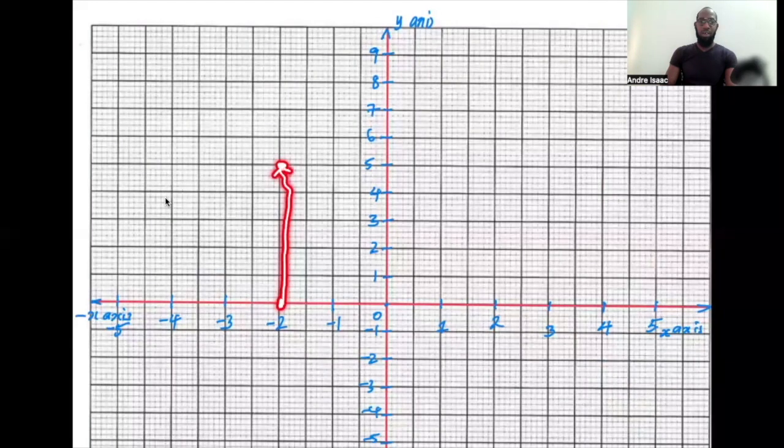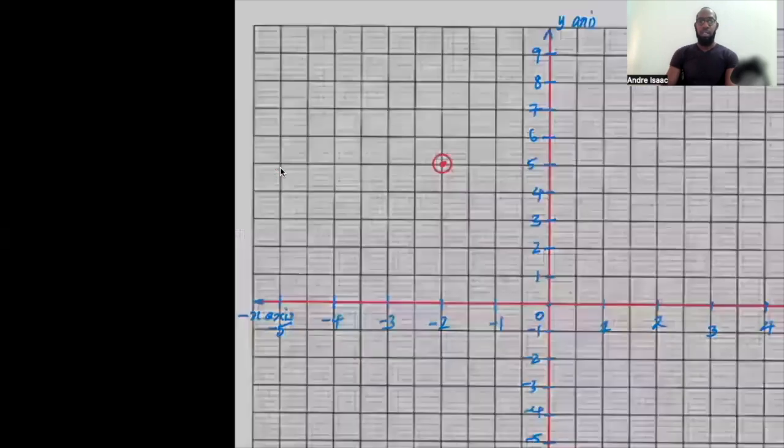We're not drawing any arrows or anything. Let me change the color a little bit, and you put a little circle.